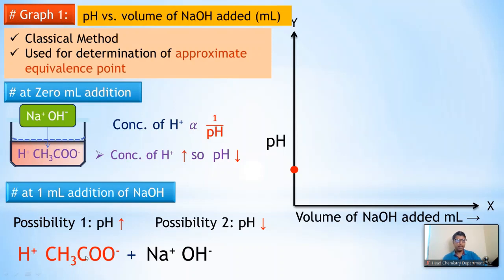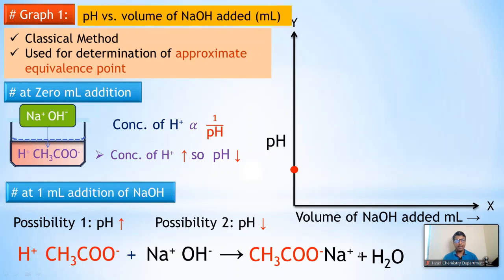Already in the beaker H plus and CH3COO minus ions are there. Here a simple neutralization reaction takes place, by which you will get CH3COO minus Na plus, called sodium acetate, and water. This simple neutralization reaction takes place when you add the next ml of NaOH into the beaker containing acetic acid, which is a weak monobasic acid.